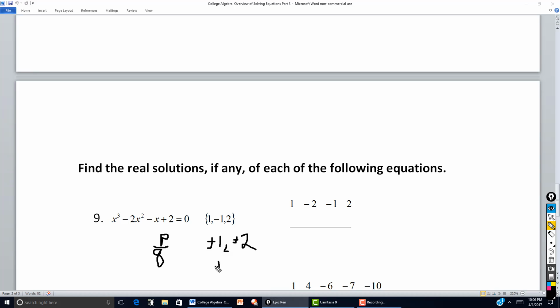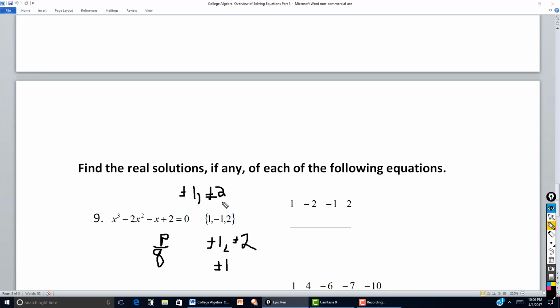So it's plus or minus 1. That means you could have plus or minus 1 divided by plus or minus 1, plus or minus 2 divided by plus or minus 1. So if this has any rational zeros, it has to be one of these: plus or minus 1, or plus or minus 2. Those are the only rational zeros that you can have.